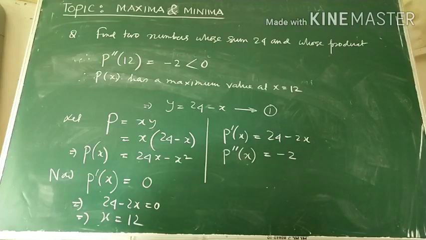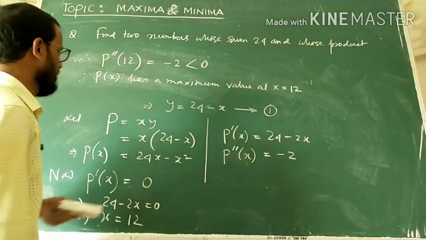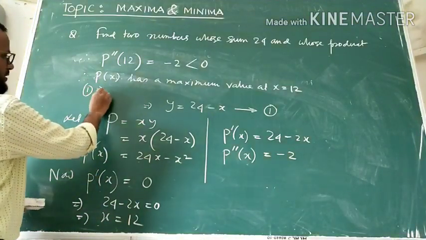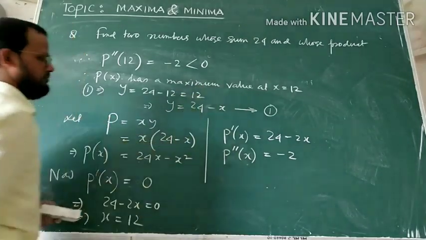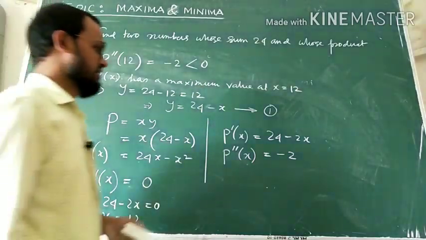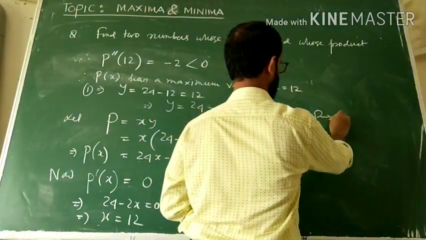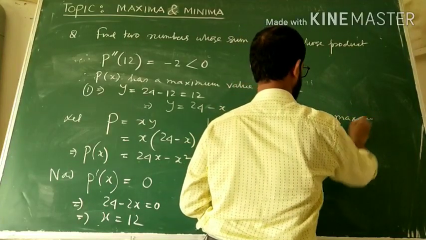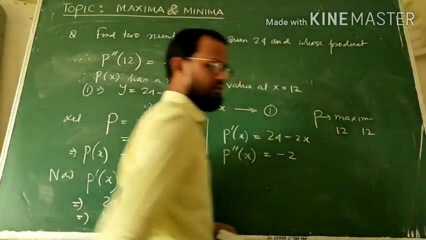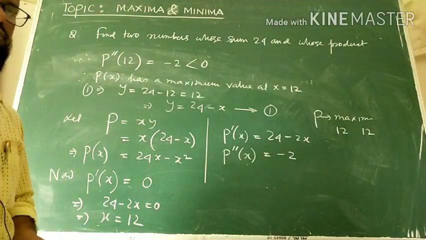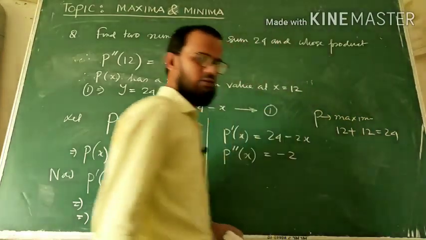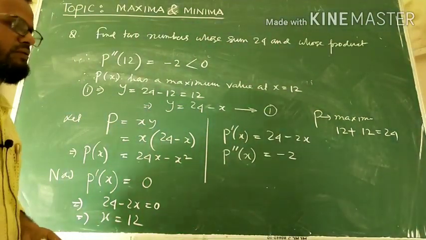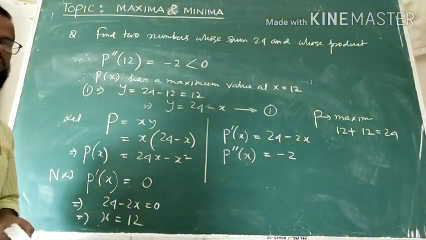Okay, product का maximum value क्या मिलेगा? कब मिलेगा? When x is equal to 12. But when x is equal to 12, y equals 24 minus 12 equals 12. Okay, finally what we get? The product is maximum when one number is 12, other number is 12, and their sum is 24. So maximum in this case represents largest.